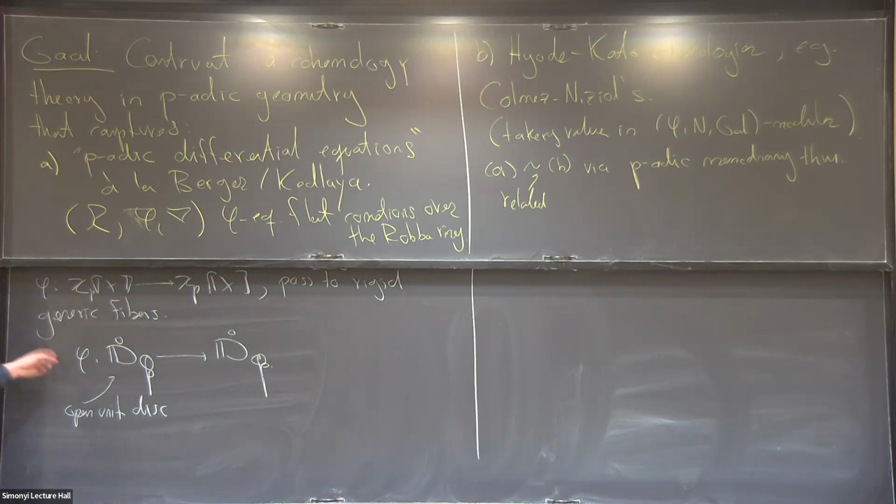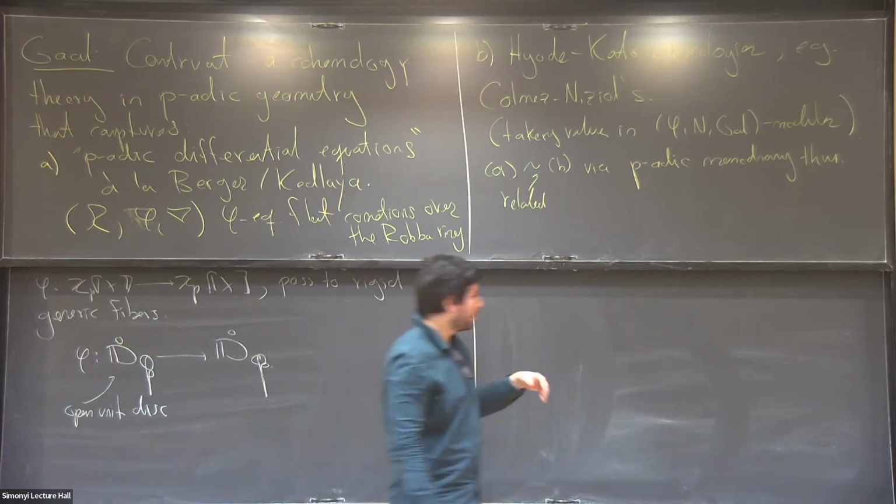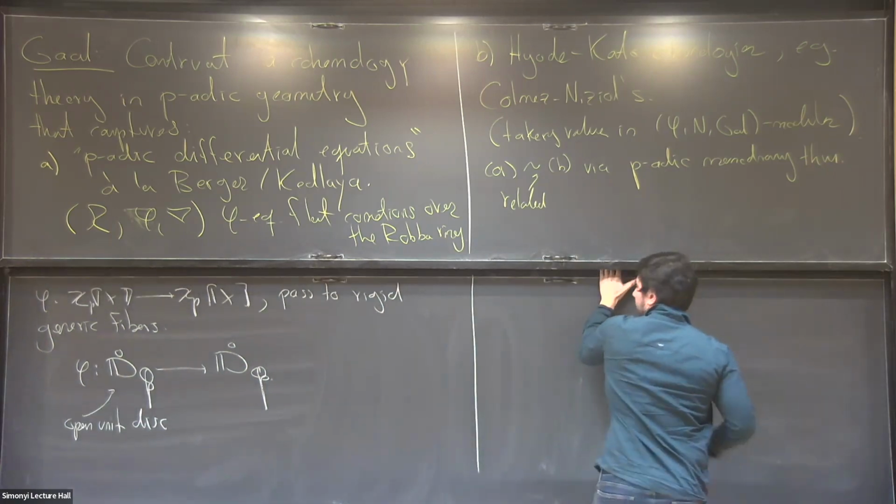Then, well, this is a bounded function in the disk. So being a bounded function, it has just finitely many zeros, and maybe the derivative also has finitely many zeros.